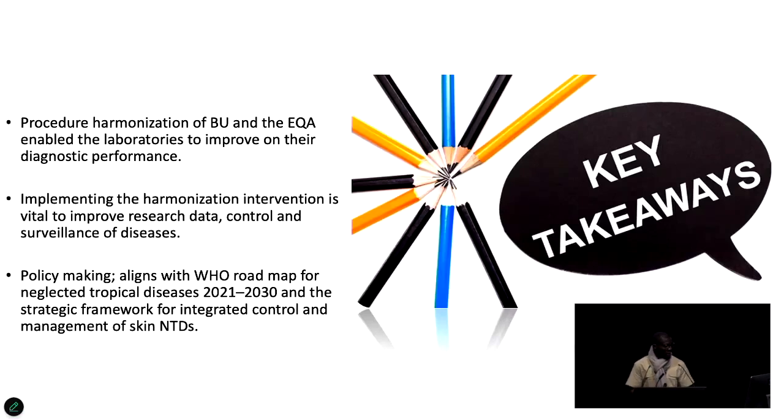And last but not the least, we see that the harmonization intervention is critical to ensuring a more effective and data-driven policy making. And in our case, our work aligns with the WHO roadmap for neglected tropical diseases.